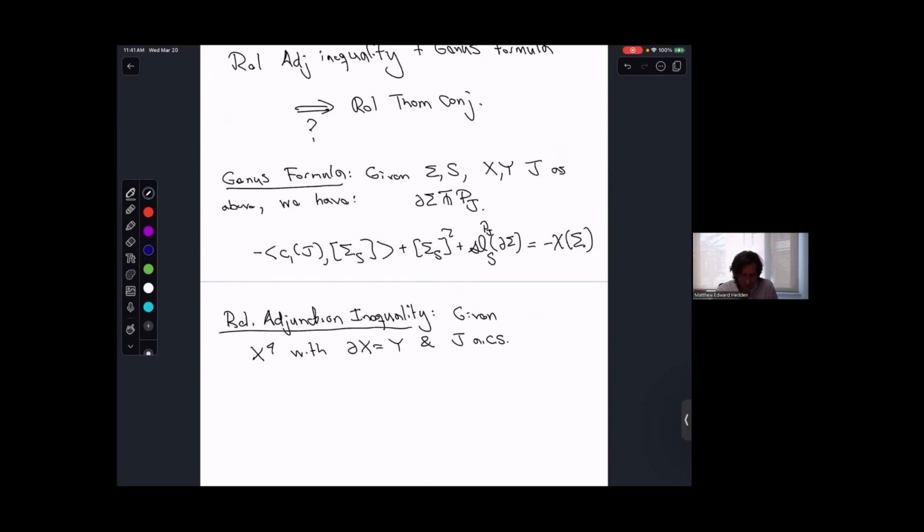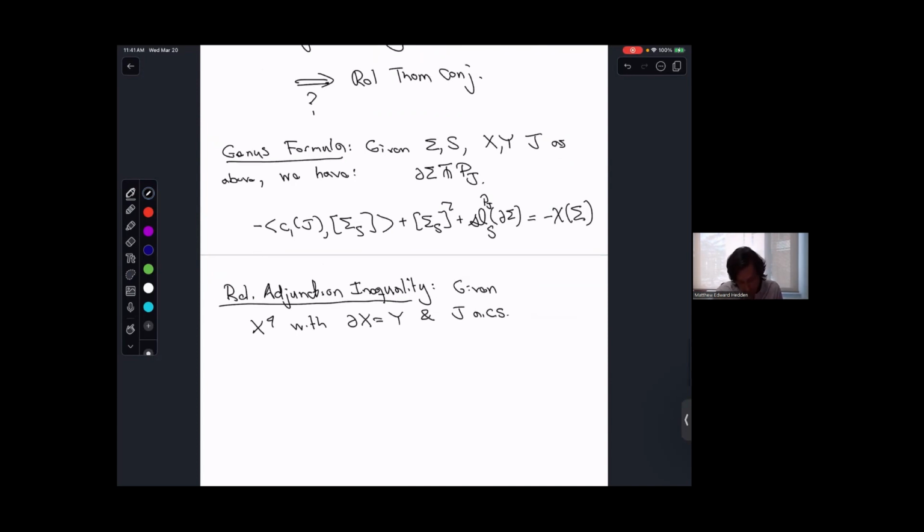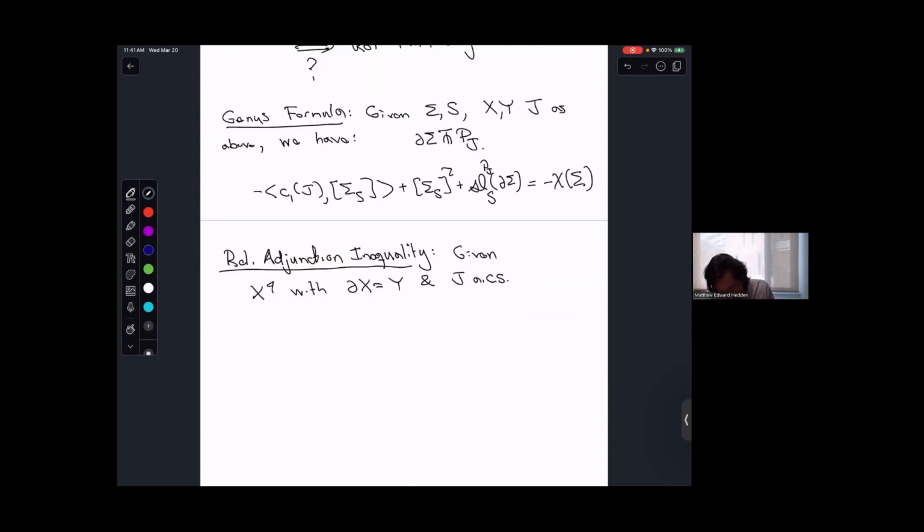For these purposes, it suffices to have a spin C structure on X, which is an almost complex structure on the complement of some balls, up to a notion of equivalence.